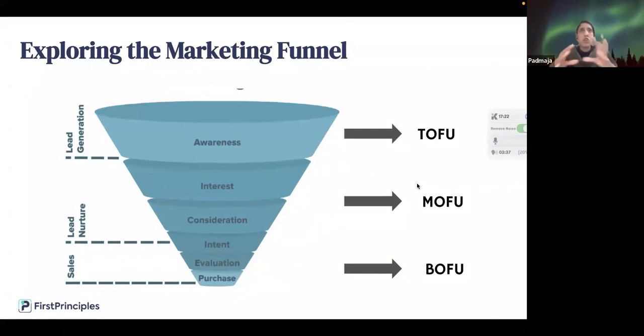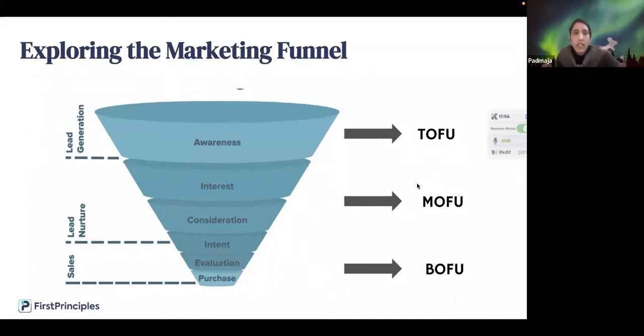You see the merchandise on the store window, then you walk inside, check it out, check the other products that they have, go to the trial room, try it, and then buy it. Exactly the same thing happens in a marketing funnel. The awareness, so you see the store; the interest and consideration: okay, I like this color, I like this dress, can I go inside? The intent, the evaluation, the trying of it, and then the purchase. That's exactly what happens in the marketing funnel.